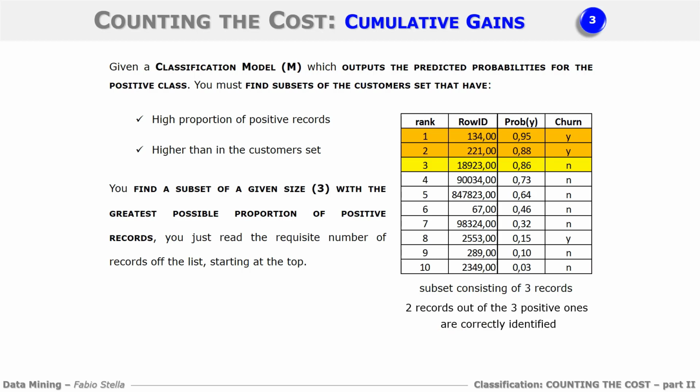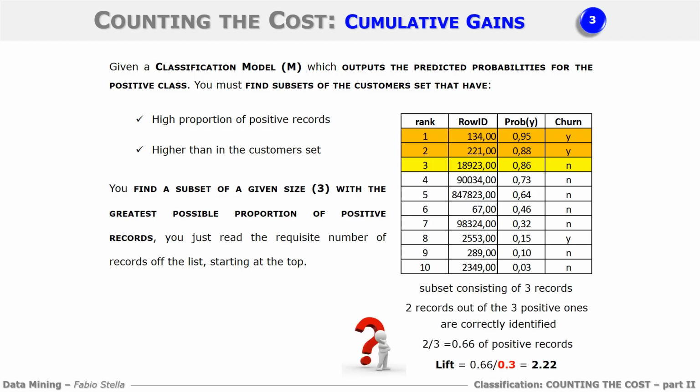So in this case, 2 out of 3, so 0.66, is the fraction of positive records which are correctly identified by the procedure which selects the first 3 customers according to the probability computed by the classification model capital M. Then we conclude that the lift in this case is equal to 0.66 divided by 0.3, and so it is equal to 2.22.